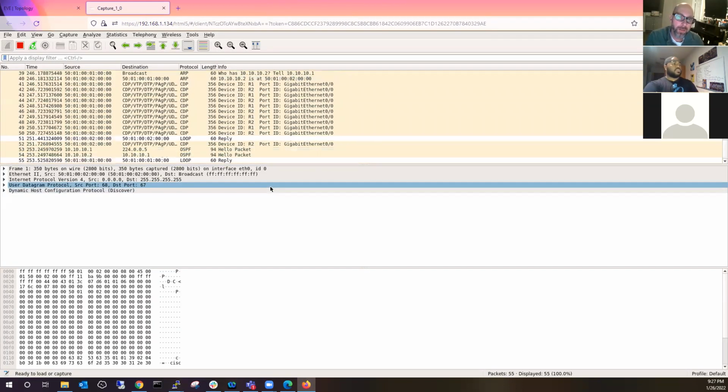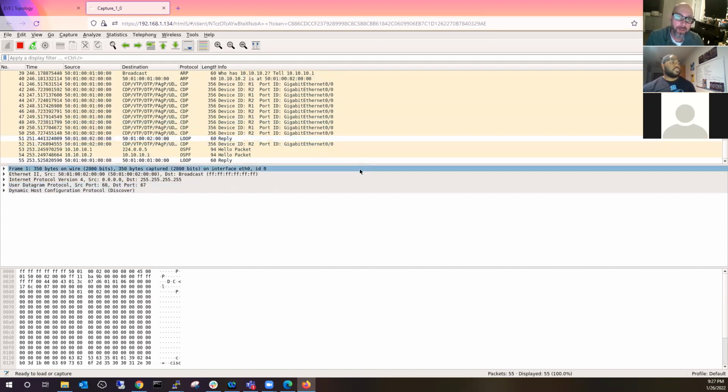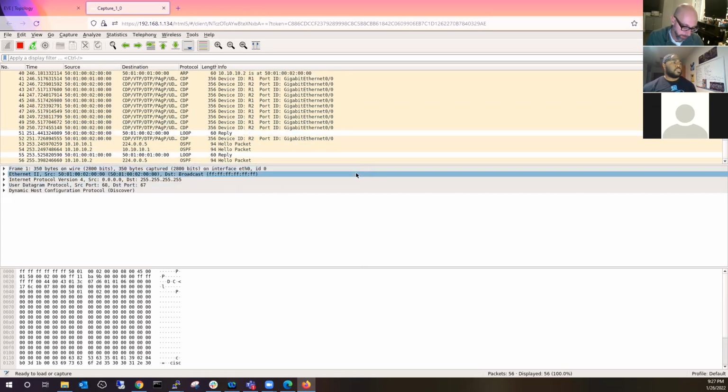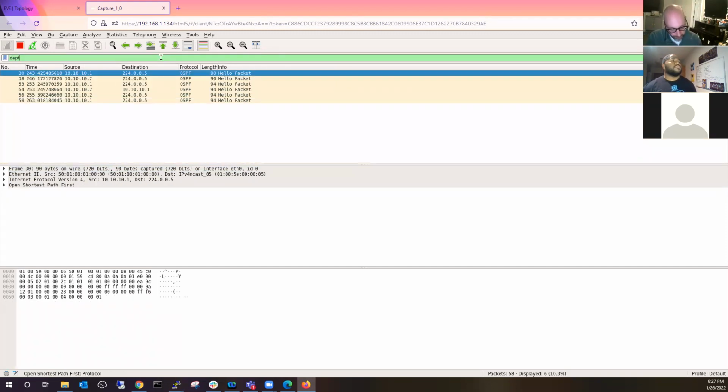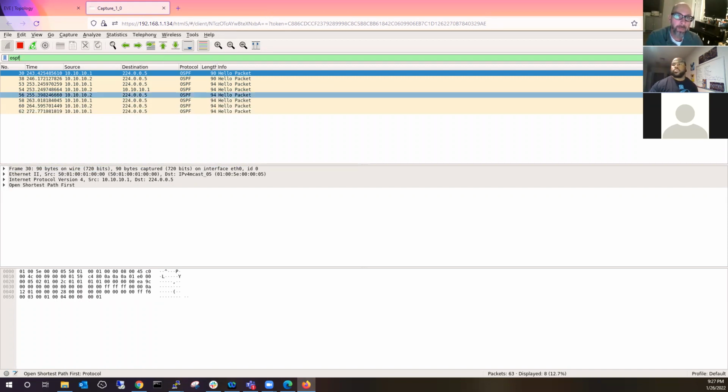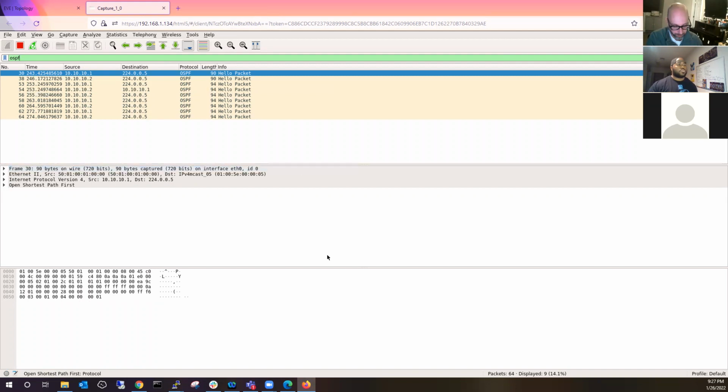MTU, the maximum transmission unit. Yep, I caught it. So that's default 1500, but it can vary. It can vary, but if it varies, it has to vary on both ends of that segment. Synced. It has to be the same. That makes sense? It does.